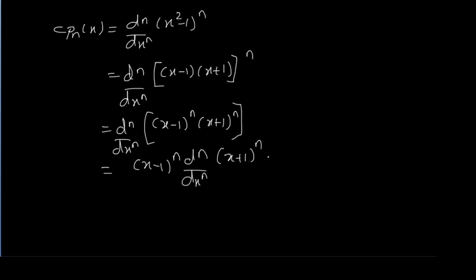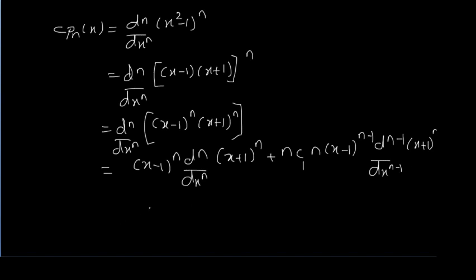Then we take nC1 into the differentiation of (x minus 1) whole raised to n, which is n into (x minus 1) whole raised to n minus 1, into the (n minus 1)th differentiation of (x plus 1) whole raised to n, that is d n minus 1 by dx raised to n minus 1 of (x plus 1) whole raised to n.